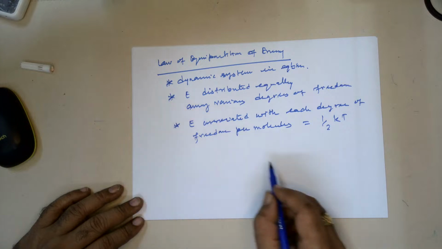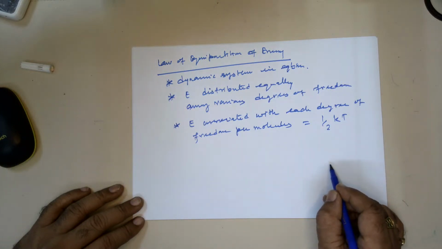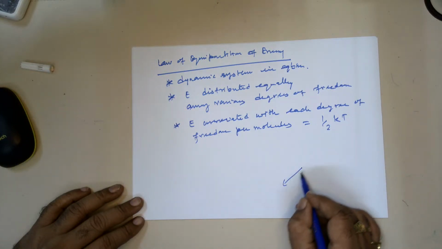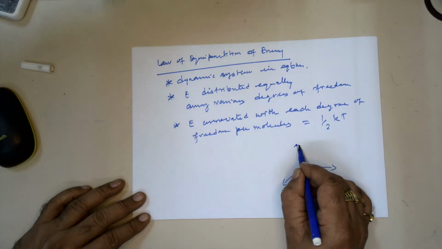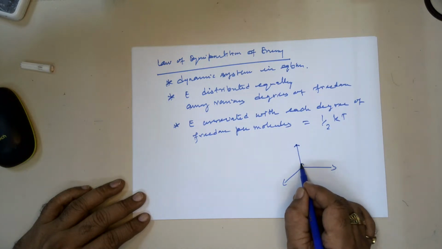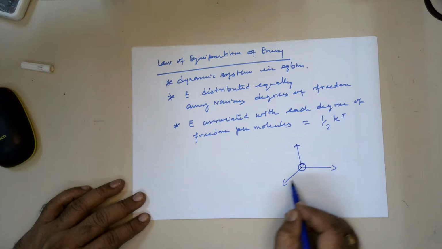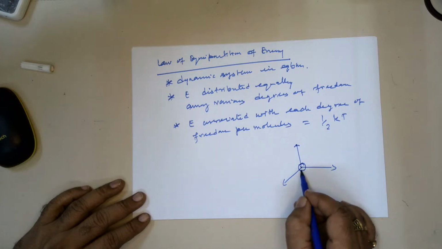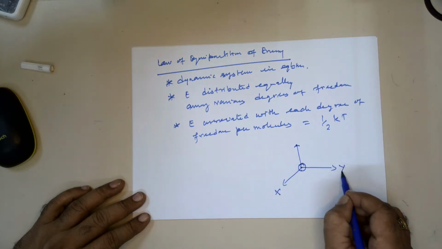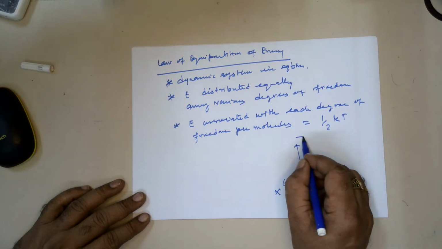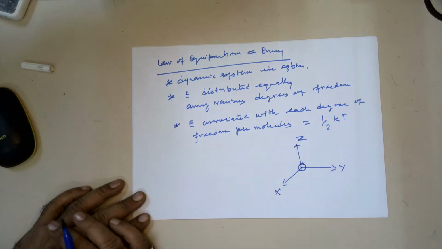First of all, you should understand the degree of freedom. Let me say this is the x-axis, this is the y-axis, this is the z-axis. Let me keep a monoatomic molecule at the center. The monoatomic molecule can move along the x-axis, along the y-axis, along the z-axis, three-dimensionally.